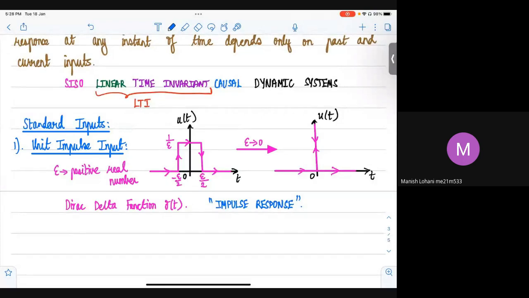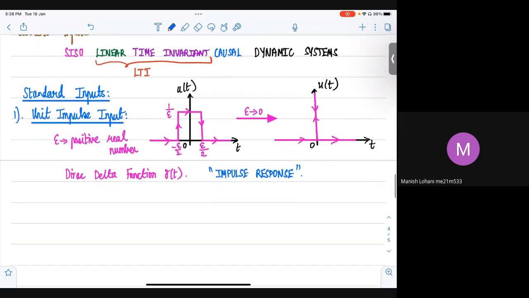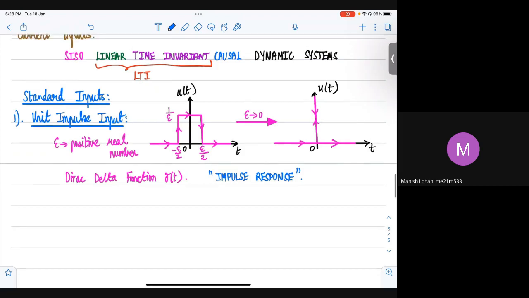Of course, one should also realize that it's very difficult to generate an ideal impulse in practice. Imagine having a practical system where we generate an infinite magnitude signal for 0 time. That's not going to be possible. In real life, it's going to be a narrow time band, high amplitude signal.